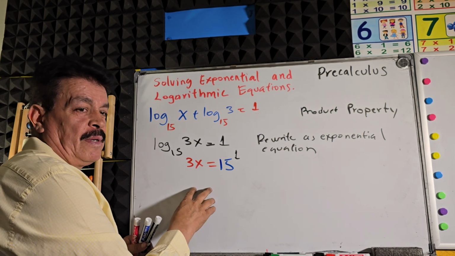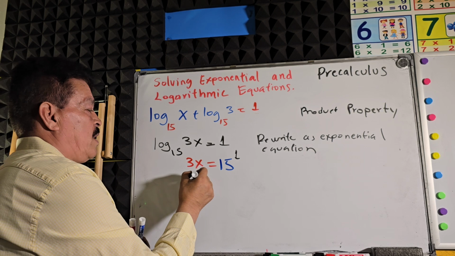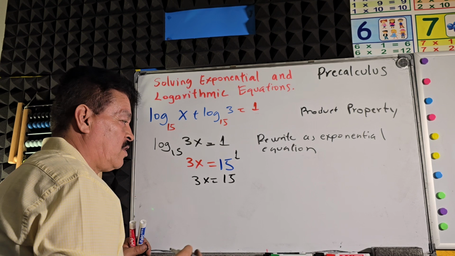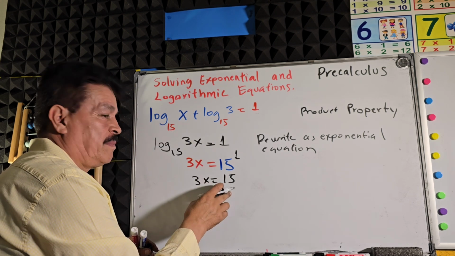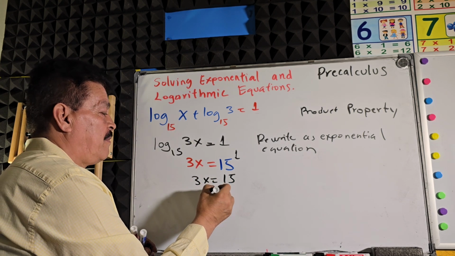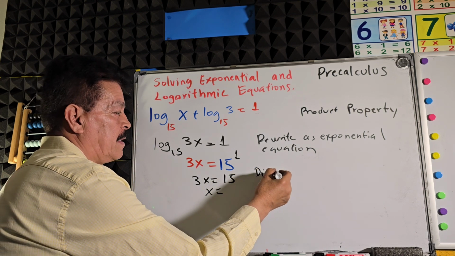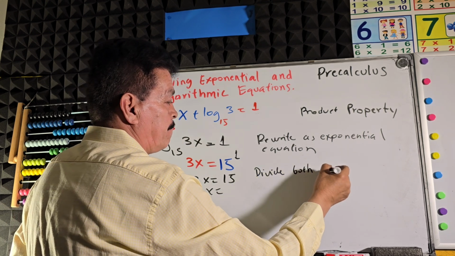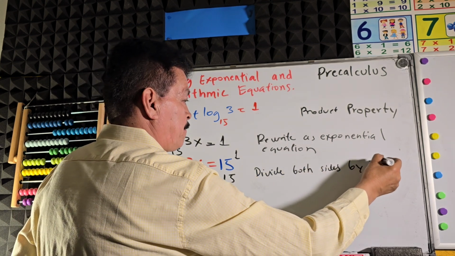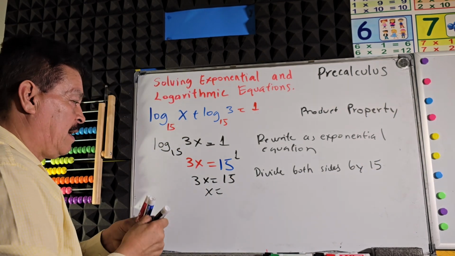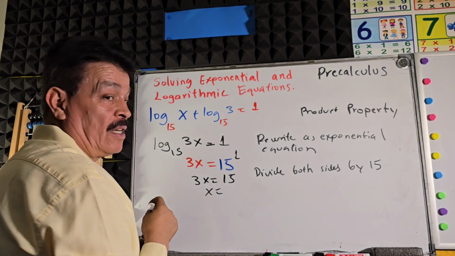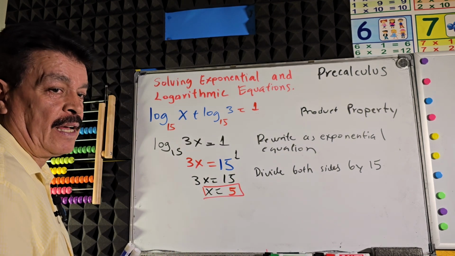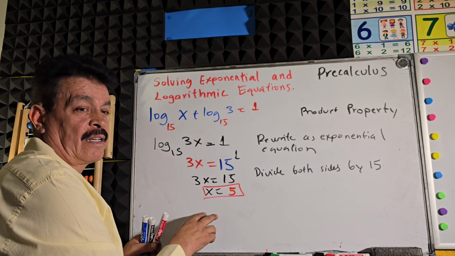Very easy, not a big deal. Just write 3x equals 15, since every number to the first power is the same number. Now divide both sides by 15. We will have x equals 5. This is our solution.